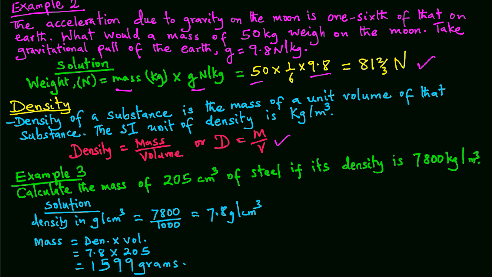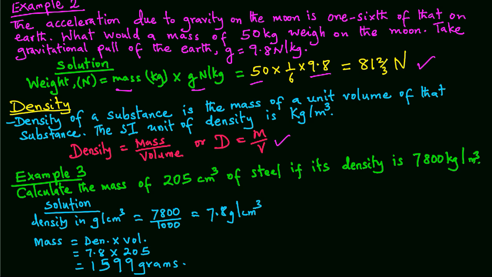In example 3, we are required to calculate the mass of 205 cubic centimeters of steel if its density is 7,800 kilograms per cubic meter. So this is an application question, and it directly asks the relation between mass, density, and volume.